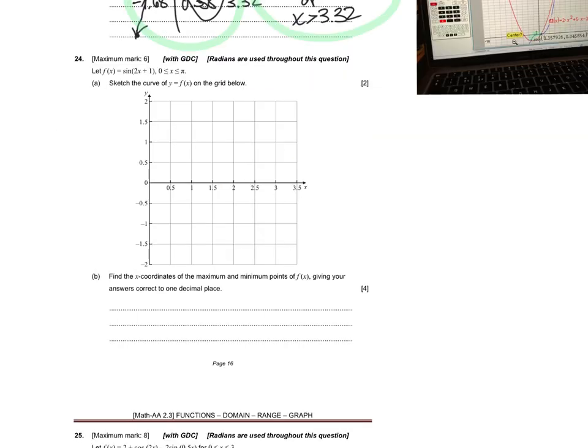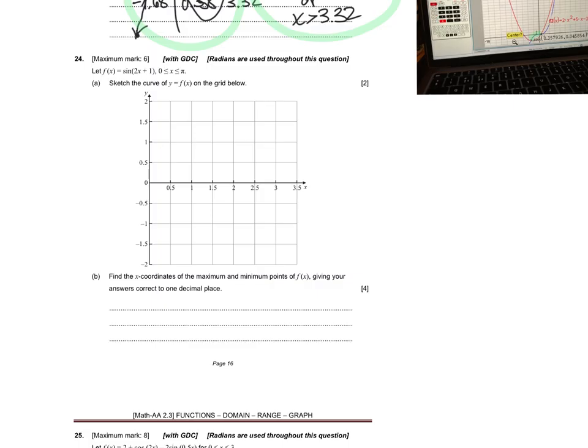Okay, so for this one, I just put it in the graphing calculator. It's in radians, it tells you that. And I did menu, zoom, trig because it gets you from negative 2 pi to 2 pi, so it gives you a nice view. So if we want to sketch the curve, you need everything that is important.